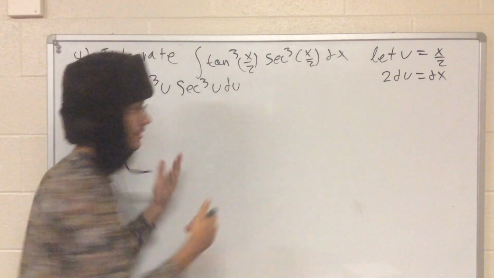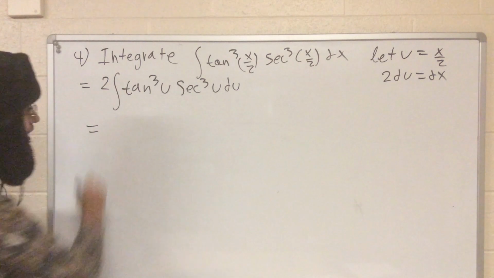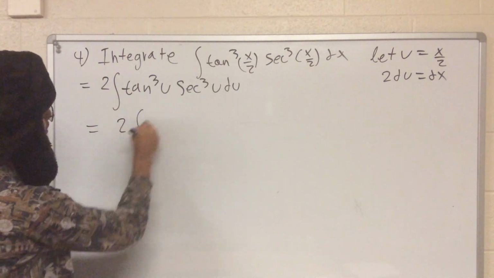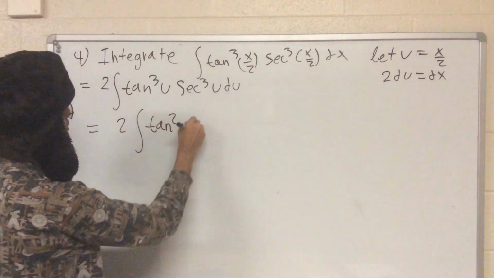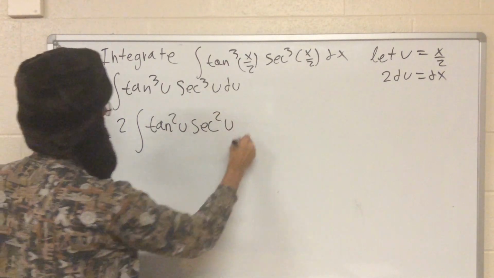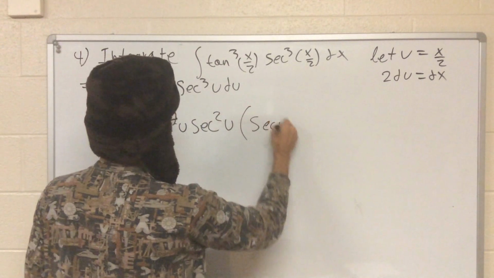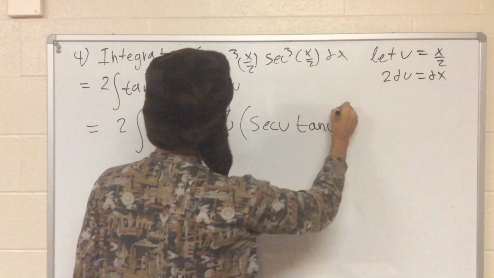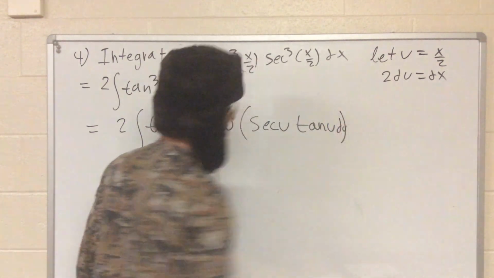So let's try that out and see what happens. This is equal to 2 times the integral of tangent squared of u times secant squared of u times secant of u tangent of u, du.